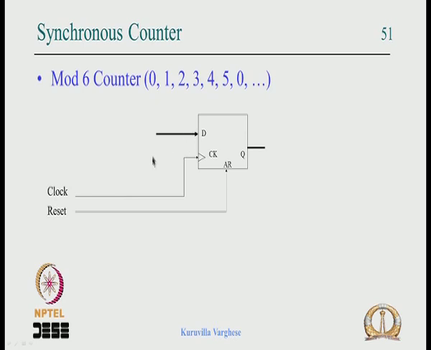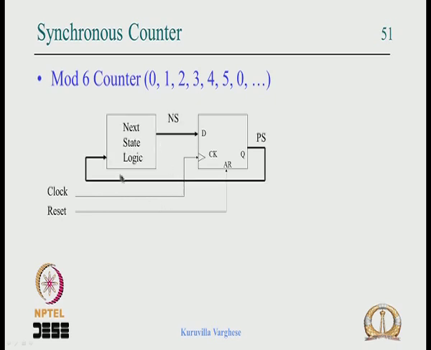So it is enough if we put a combinational circuit here and feed back the present count to the input of that circuit, and design that circuit such that given 0 it gives 1, given 1 it gives 2 and so on. So we put a combinational circuit before the flip flops, the input of which is the output of the flip flops, and the output of that combinational circuit goes to the input of the flip flops.